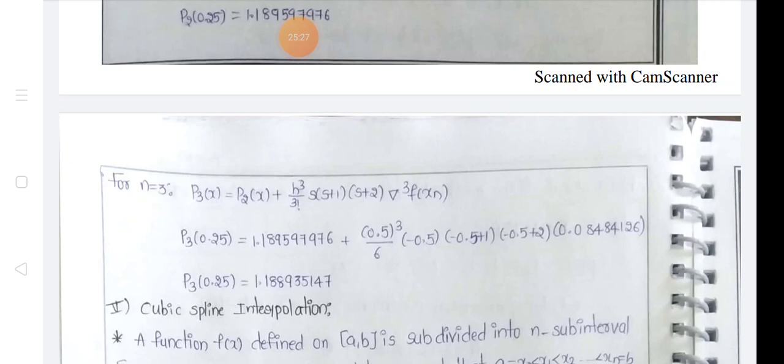Put x equals 0.25, p3 of 0.25 equals p2 of x, 1.189597976 plus h cube by 3 factorial. h cube means 0.5 whole cube by 6 into minus 0.5 into minus 0.5 plus 1 into minus 0.5 plus 2 into 0.08484126. After simplifying, we get the value p3 of 0.25 equals 1.188935147.